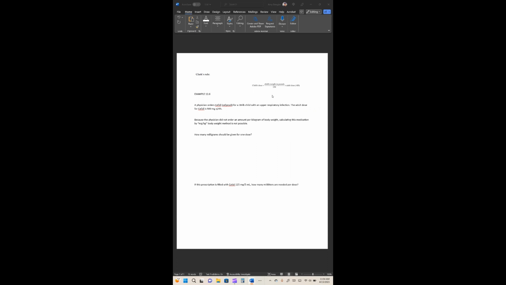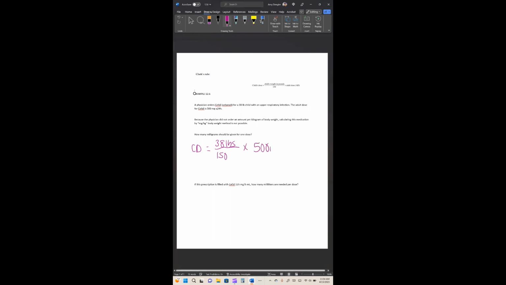So this one, we're going to use the formula. I'm going to use CD for the child's dose. The child's weight in pounds is 38 pounds over 150, times the adult dose, which is 500 milligrams.